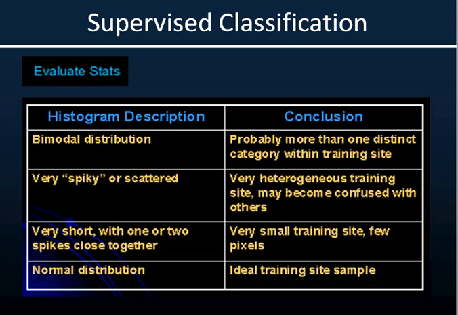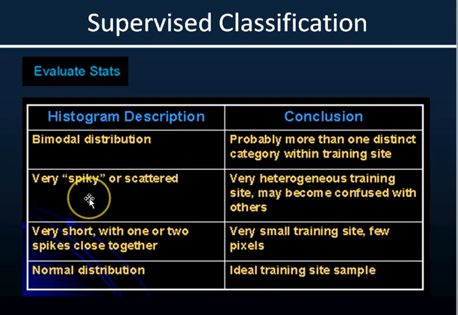Another few things you can look for when you're examining those spectral signatures in the histograms is, one, how many peaks do they have? So remember, you want that nice bell-shaped curve with one peak. If you have a bimodal distribution, which means there's actually two separate peaks, it means you probably have more than one actual surface feature that you're capturing within that training cluster, and you might want to go back and create two separate clusters for training.